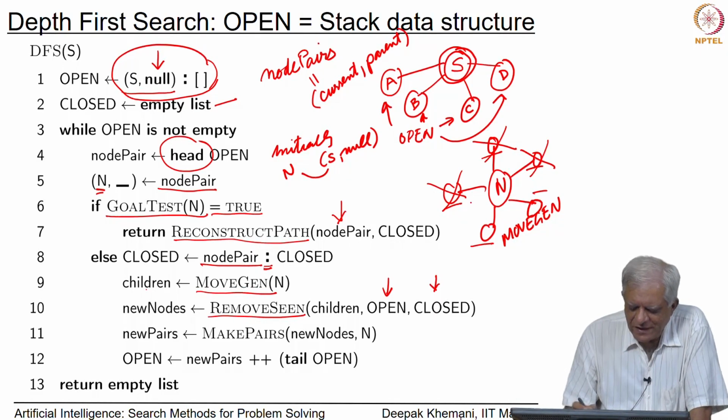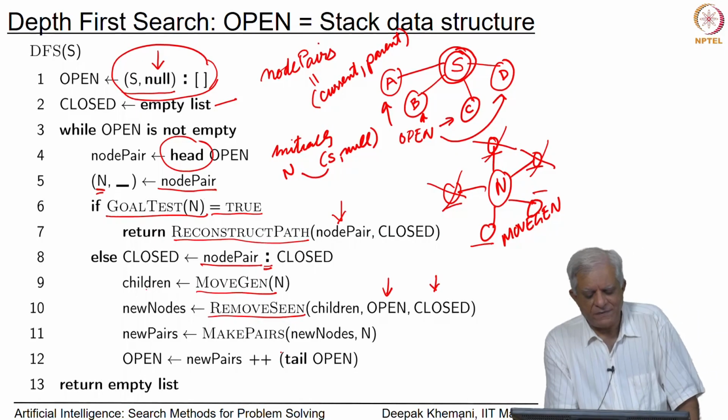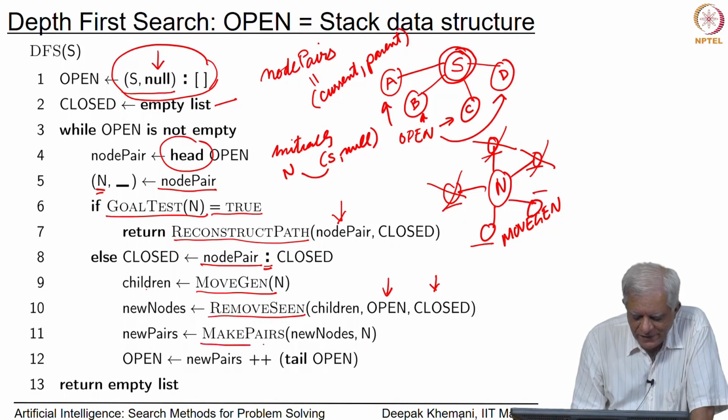And so, now we may have some number of neighbors, but these neighbors are just the nodes. Our search algorithm wants node pairs, and we have this last small function that we will write, which will actually construct the new node pairs.